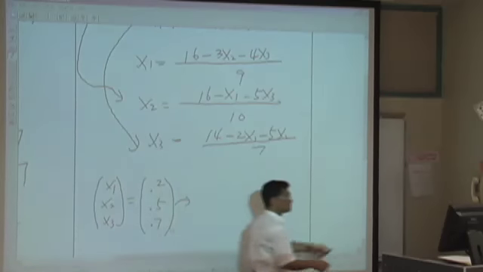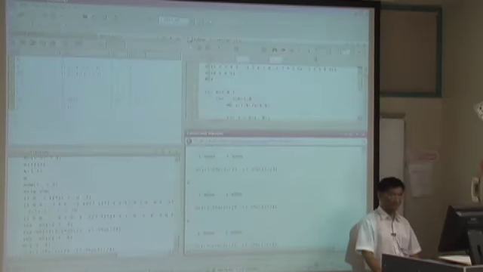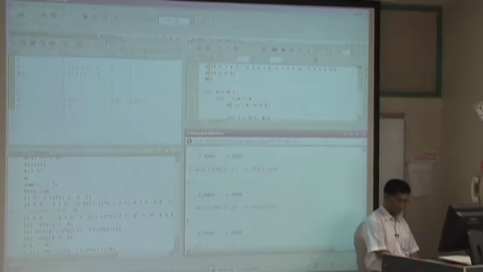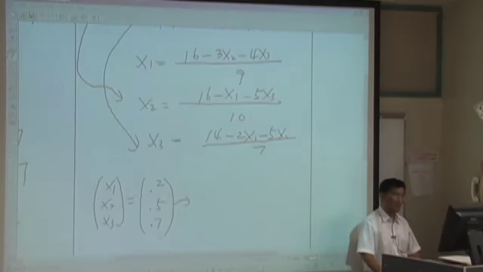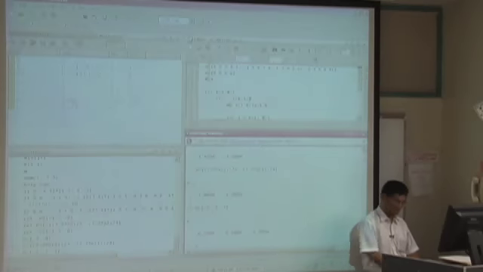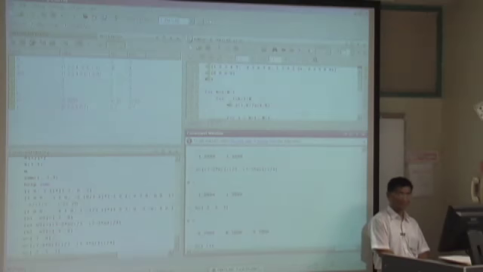Then let's do it. 16, negative 3, negative 4. So this is the initial guess, 0.2, 0.5, 0.7. Now the x1, x2, x3 triple will be determined. Then it is 16 minus, can someone let me know the equation? 3x2 and 4x3 over 9.